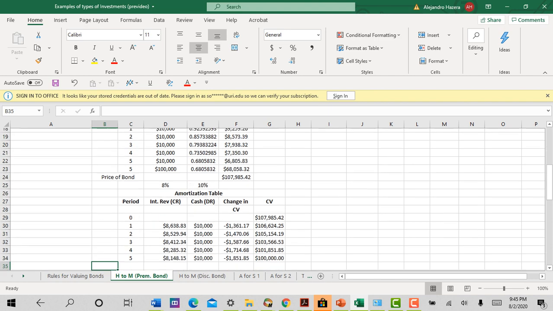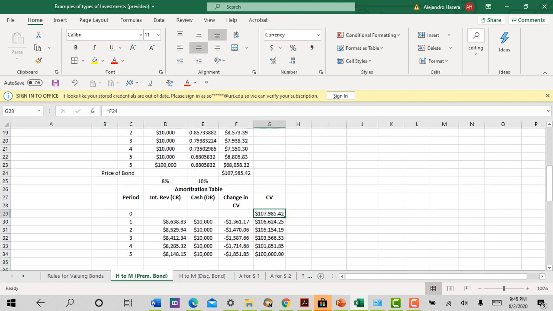The initial carrying value, or your initial price, which is 107,985, is greater than your face value of 100,000, excuse me, what am I saying? It's greater than your face value of 100,000. The price here was 107; the face value is 100. So in the amortization table, the carrying value worked down from a high carrying value to the face value of 100,000.